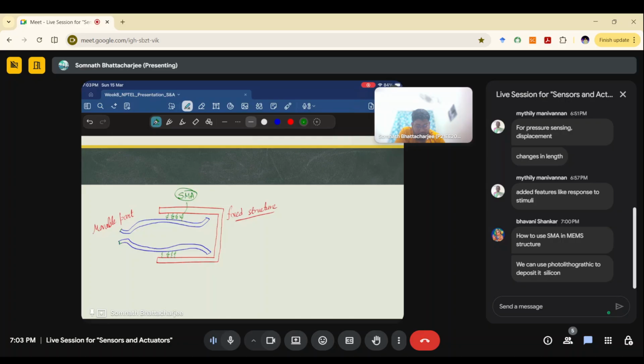If you are making springs utilizing silicon or some other material, then with long term usage they will get, I won't say destroyed, but displaced. Based on this displacement, there will be errors in the measurement. So in those cases it will be better to use an SMA, that is shape memory alloy, right?